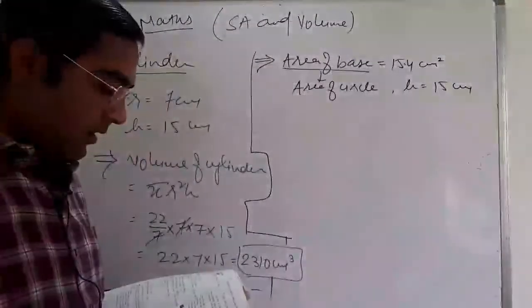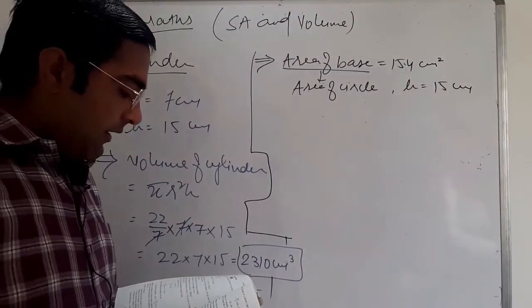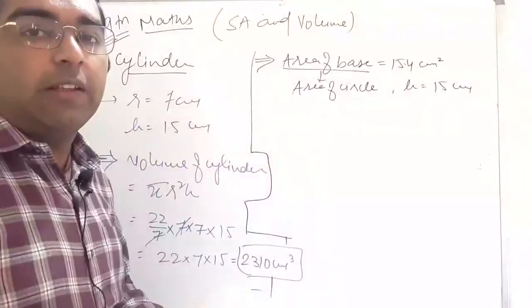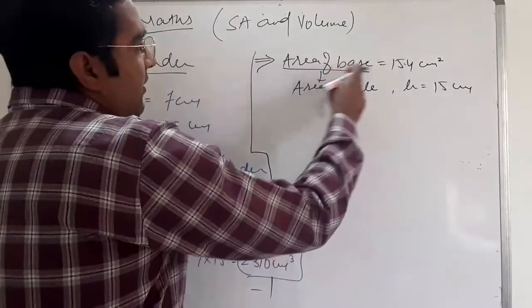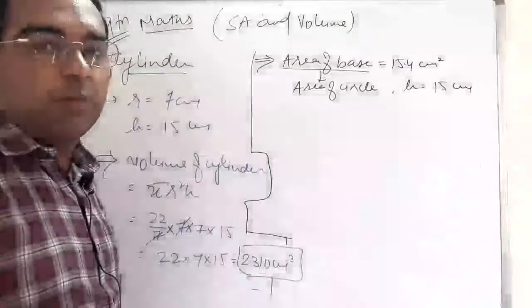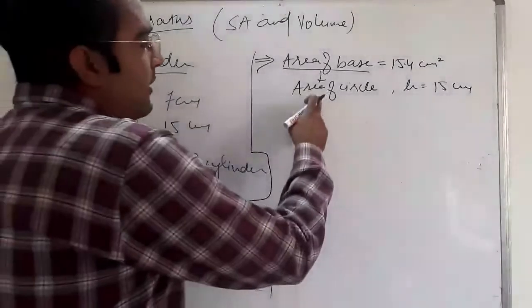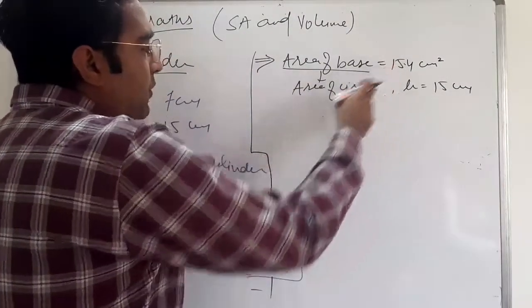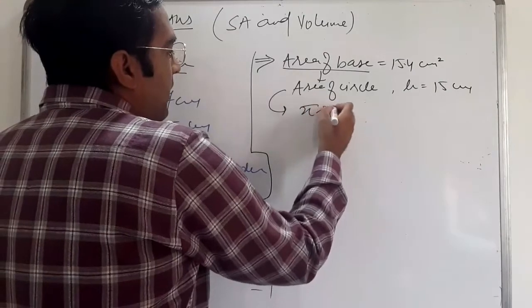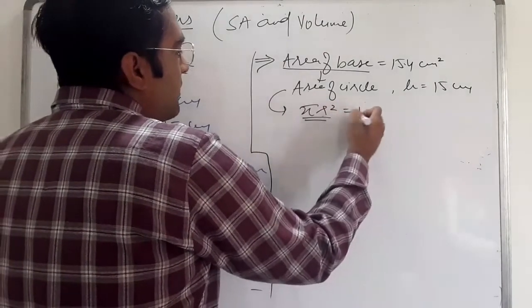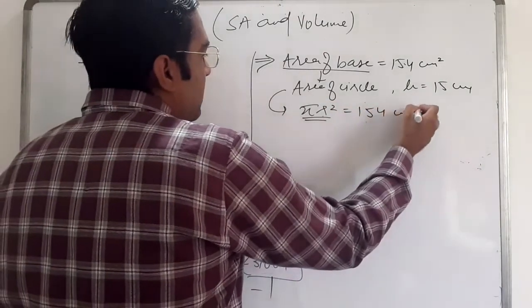Find the volume of the cylinder. Now the area of the circle, that is the area of the base, is given, 154 centimeter square, and the formula for the area of a circle is pi r square, equal to 154 centimeter square.